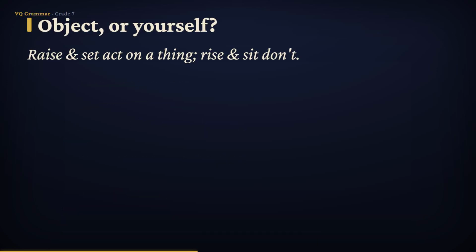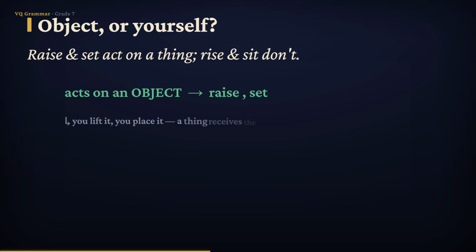Let's put the trickiest idea in one place. 2 of these words act on an object: raise and set. When you raise something, you lift it. When you set something, you place it. Either way, a thing receives the action. The other 2 do the action all by themselves: rise and sit.